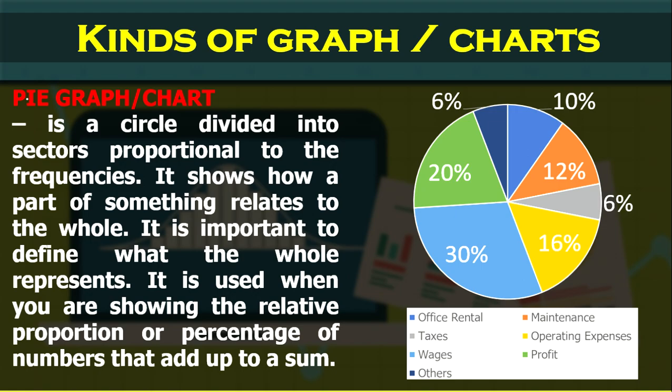You can see the percentage of each to the total. It's important to define what the whole represents, of course. It is used when you are showing the relative proportion or percentage of numbers that add up to a sum.